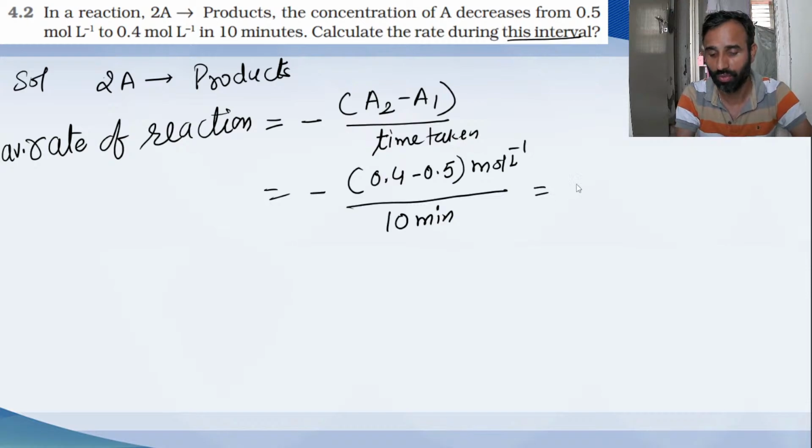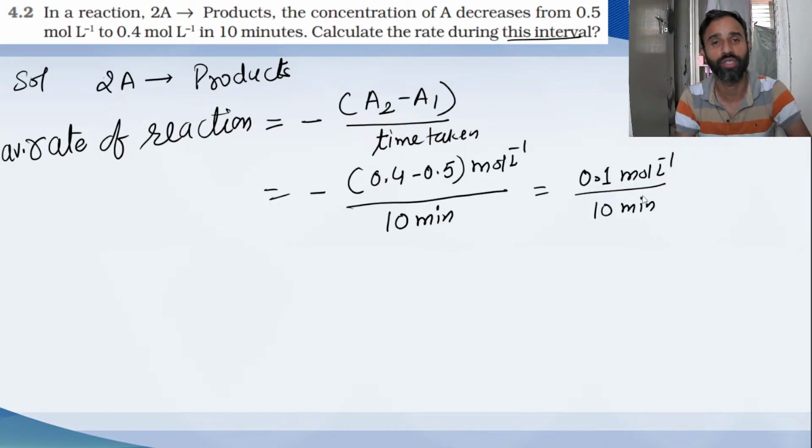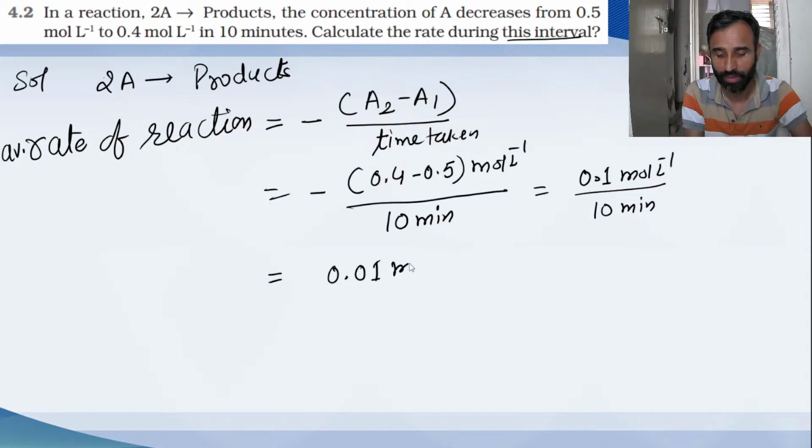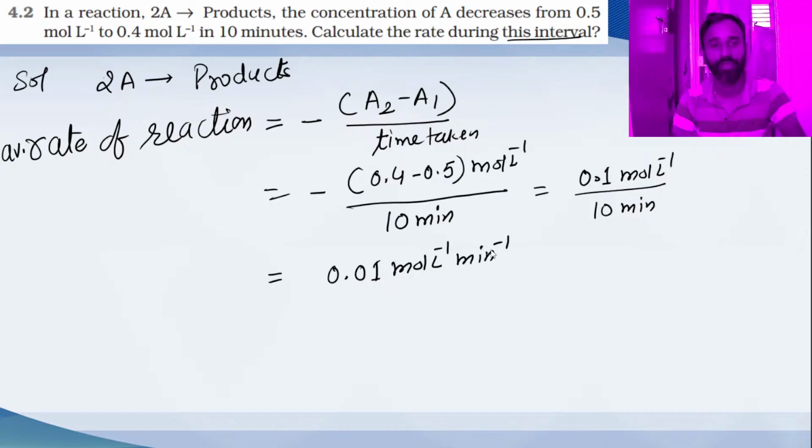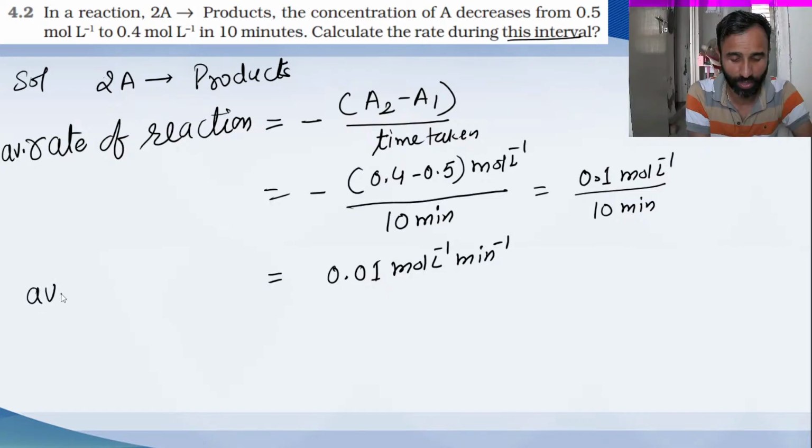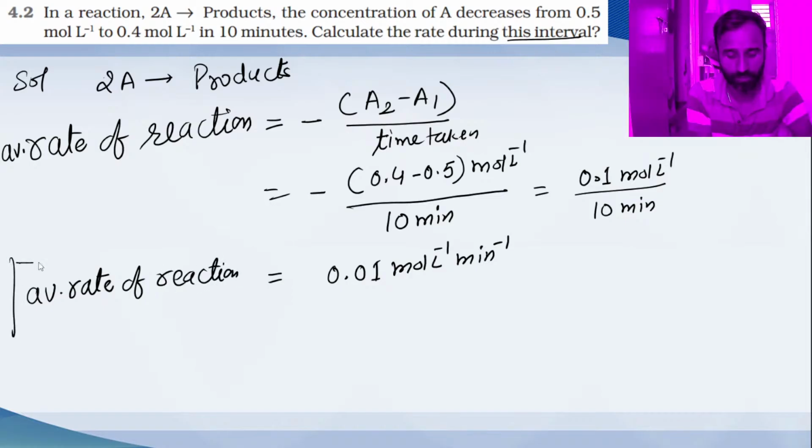So it is equal to 0.1 mole per liter divided by 10 minutes. In minutes, the value comes out to be 0.01 mole per liter per minute. This is the average rate of reaction in terms of minutes.